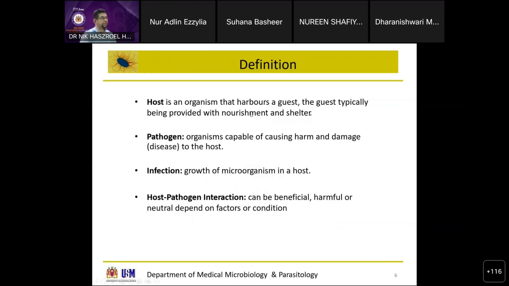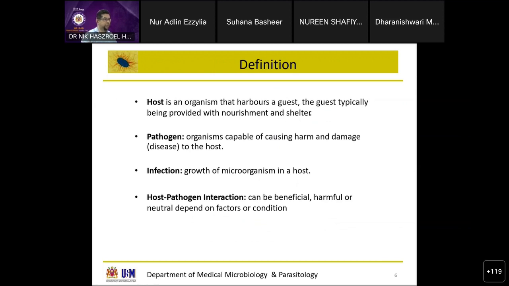So let's go to definition. The host is an organism that harbors a guest, the guest typically being provided with nourishment and shelter. So the host provides this nourishment and shelter to the guest, the organism. And pathogen is organisms which are capable of causing harm and damage to the host. So the pathogen is the organism which cause disease.